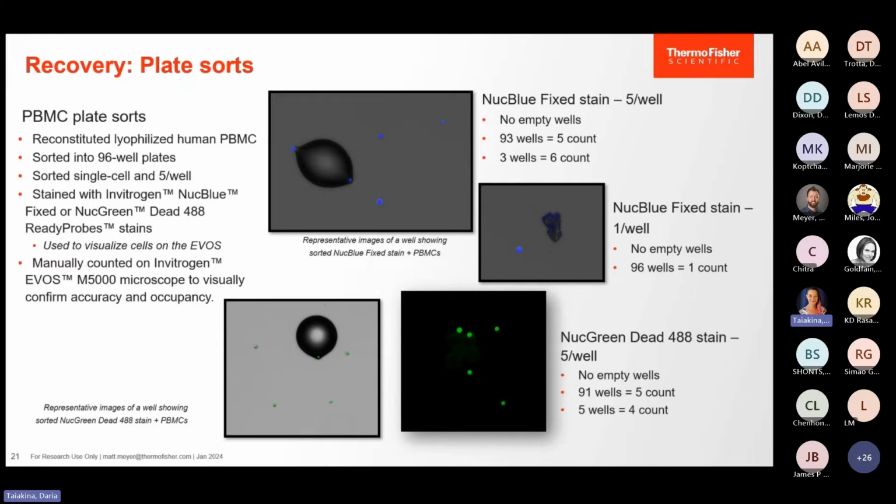So if we have a 96 well plate, we want 93 out of 96 to have 5 per well. Or if we do single cells, we want to look at each individual well and ensure that 96 of those wells have a single cell located in them, and the fluorescence just allows us to visually see these on the microscope that much easier.